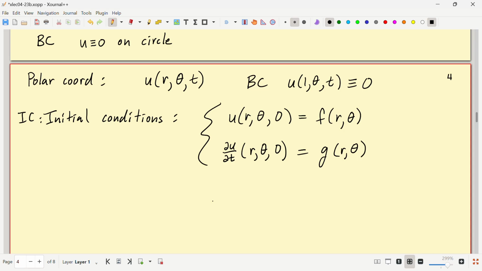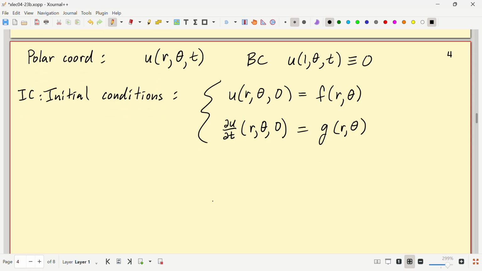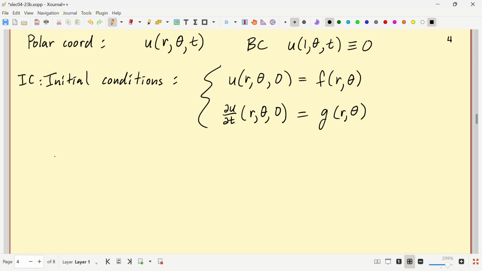And in polar coordinates, let's take the c to be 1, so I don't have to write c squared all the time.